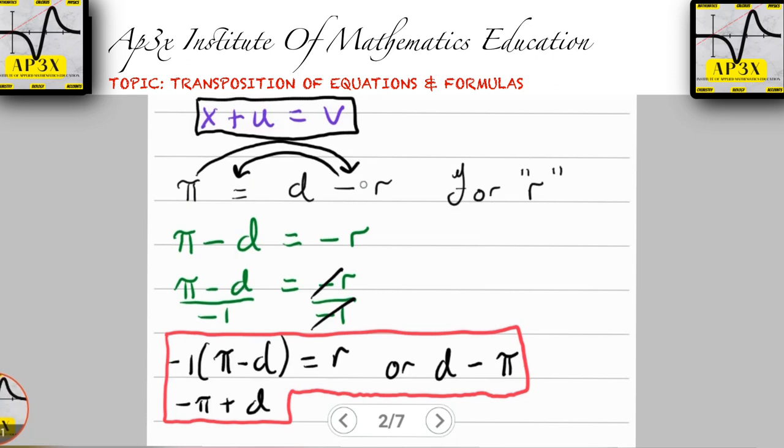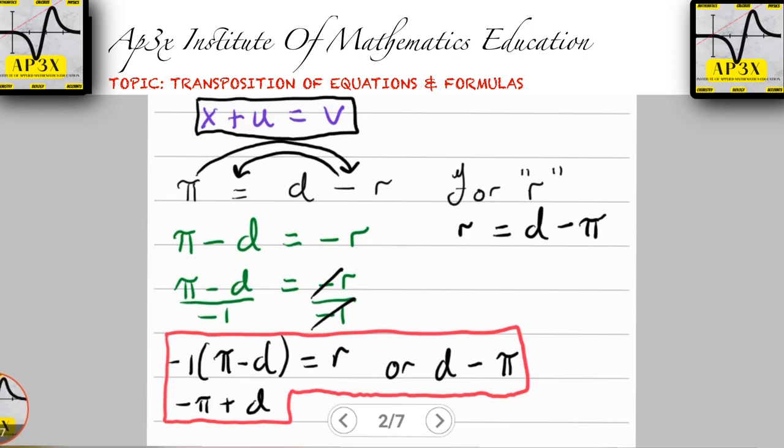So negative r gets transposed and becomes r, notice that I didn't touch d, and pi that was positive becomes negative. In one line you're done. The answer is r is equal to d take away pi.